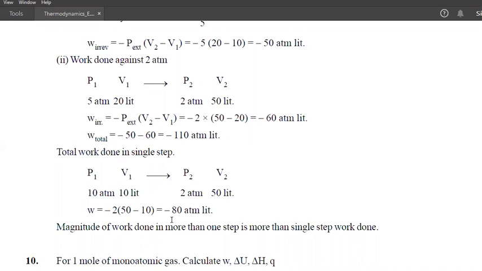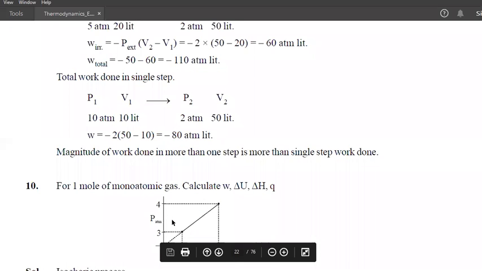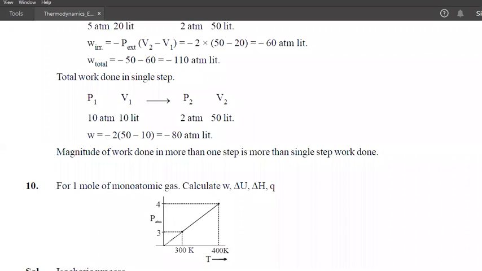Now next, everyone try to solve this problem. Question number 10. Everyone try to solve question number 10. Am I saying that anyone's answer is correct or wrong?